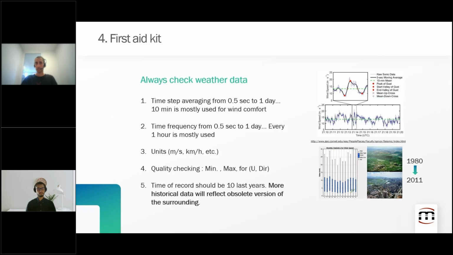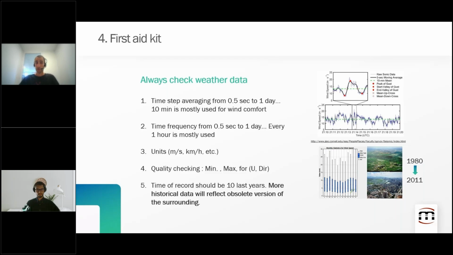I know that in other countries, the Netherlands, sorry, they use an hourly data average, but the standard is mostly 10 minutes. You can have other rules, but this is the standard.